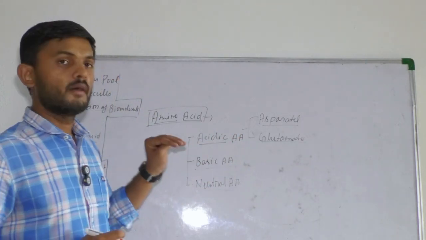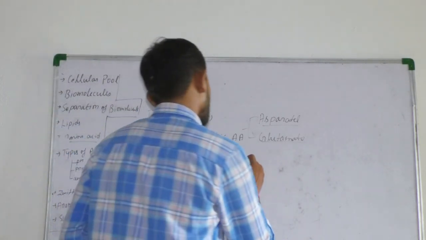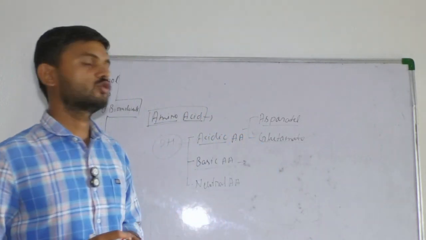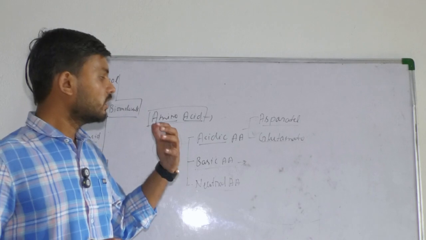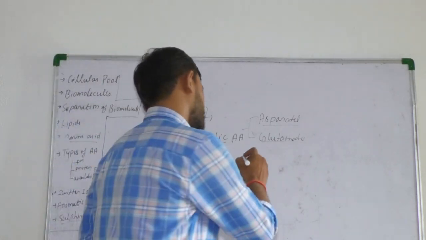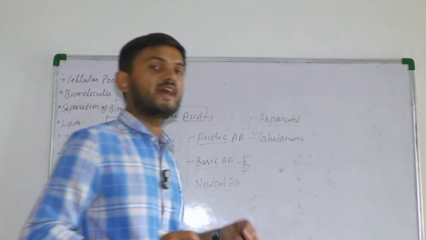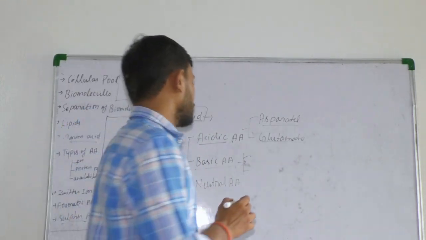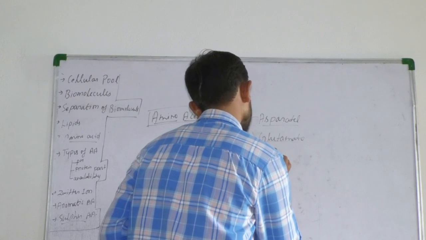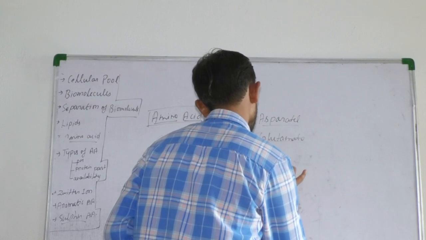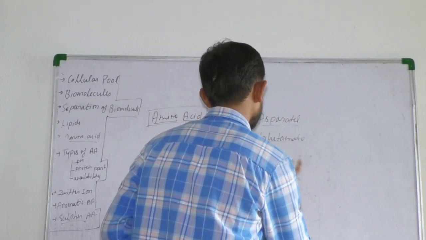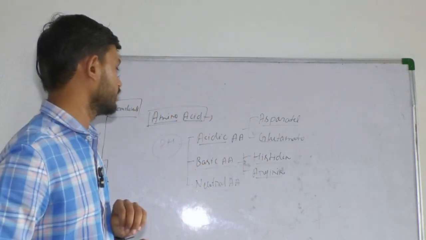The second one is basic amino acid. Basic amino acids are those in which the amino group is more than the acidic group. The most important examples in the NCERT book are histidine and arginine. Lysine is also a basic amino acid.